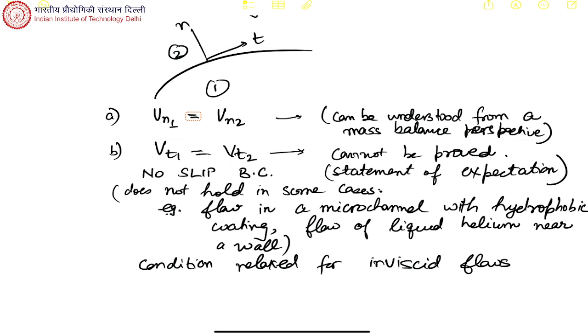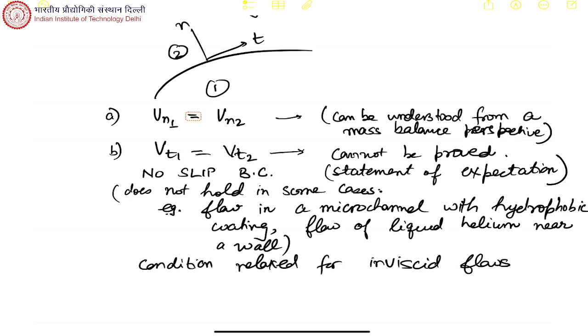The first one is, for example, if we have flow in a very thin channel, where on the surface you have coated a material which is called a hydrophobic material, which sort of repels the fluid. There what you will find is that in a case like that, the velocity of the layer of the fluid which is touching the wall will not be zero. It will not be very large, but it will not be zero. This is what has been observed in experiments also.